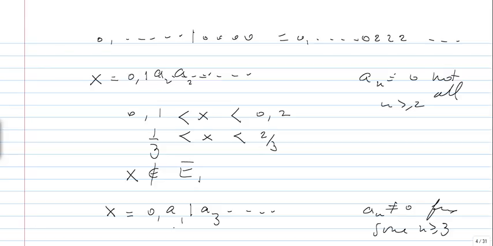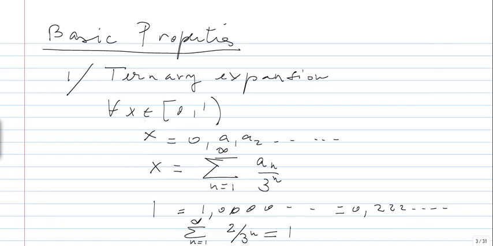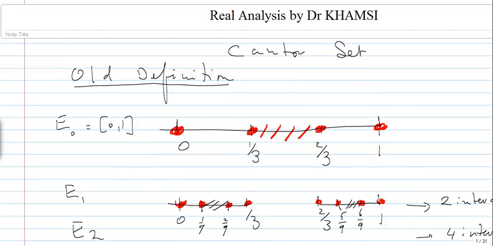In this case your x will be greater than 0 comma a1 1 and less than 0 comma a1 2. What's interesting is that depending on a1, you are in either this one or this one. If a1 is equal to 1, you are here, and if a1 is equal to 2, you are here. In other words, you are not in E2.